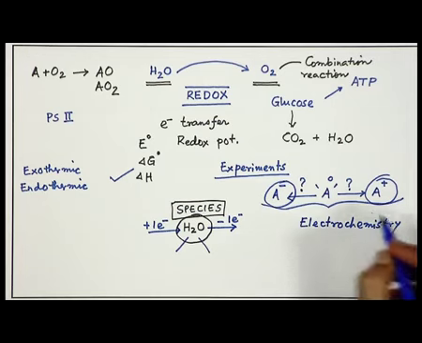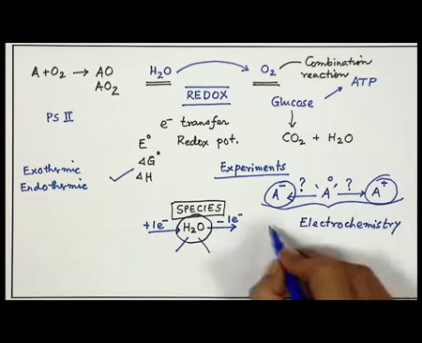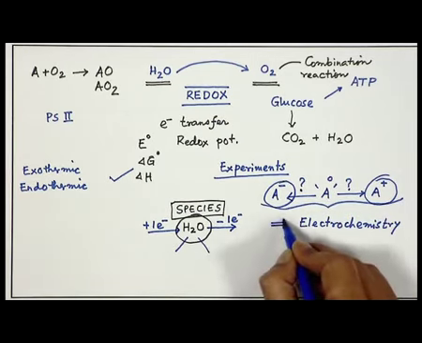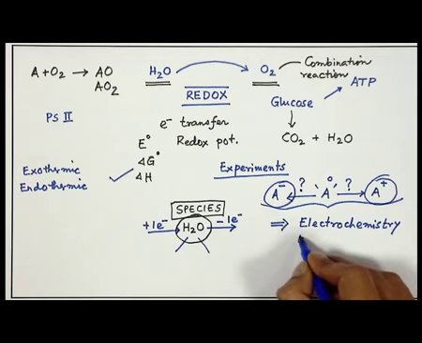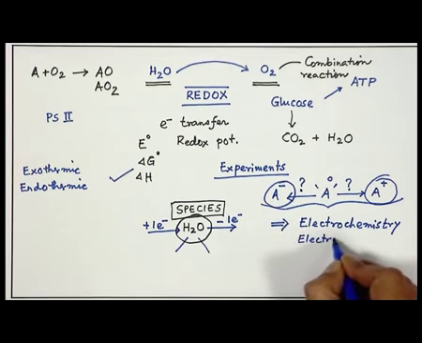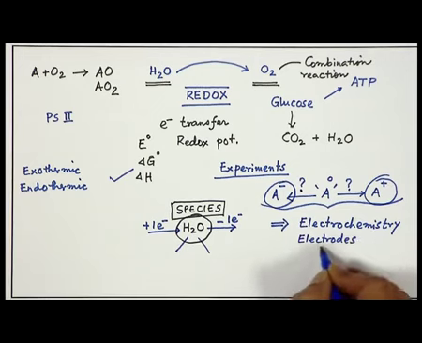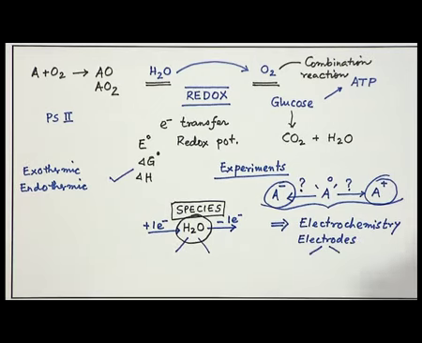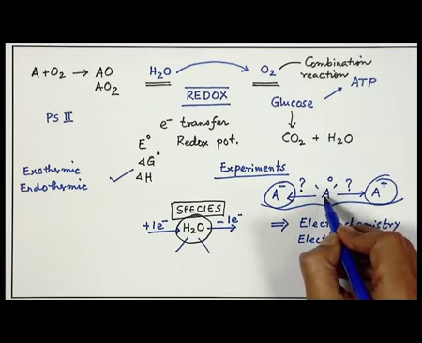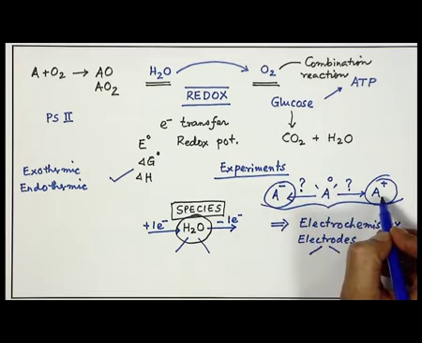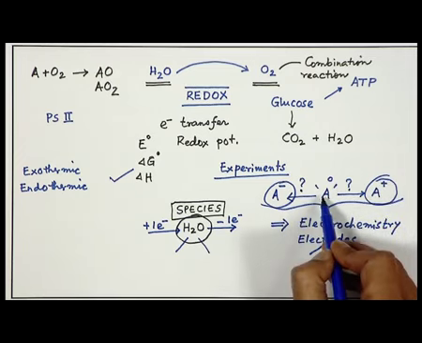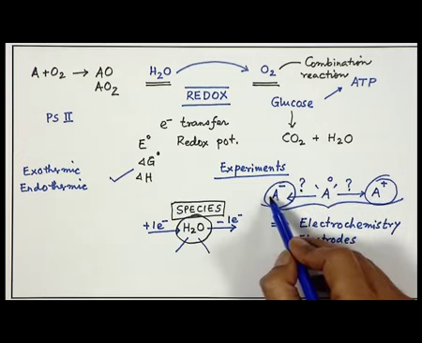So, if we consider electrochemistry, we will be dealing with the electrodes. We can have the cathodes and the anodes, and we can electrochemically oxidize A to A plus, or electrochemically reduce A to A minus.